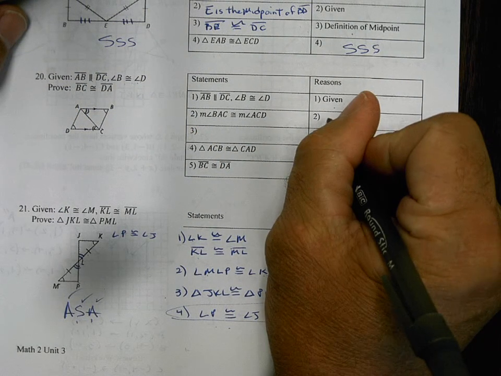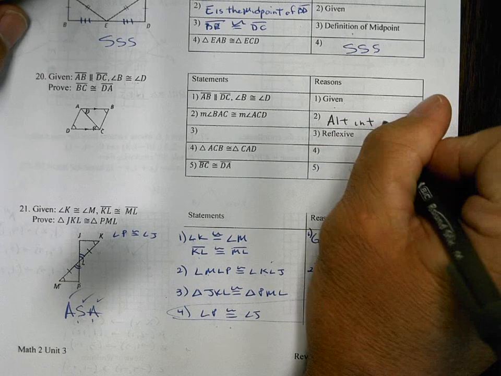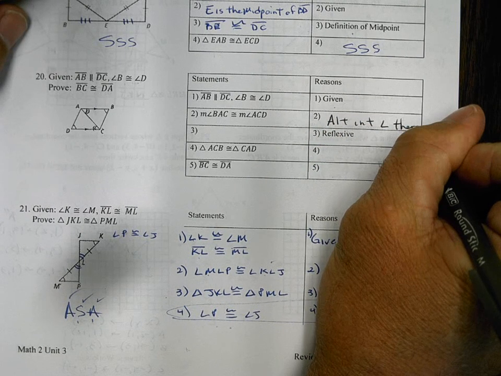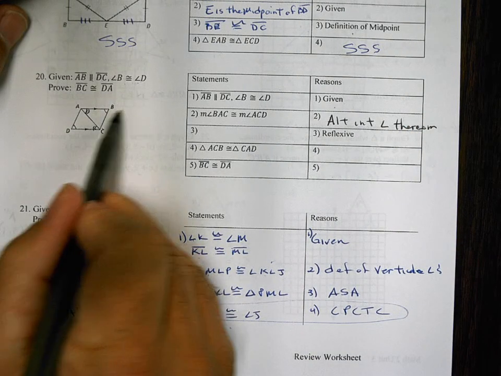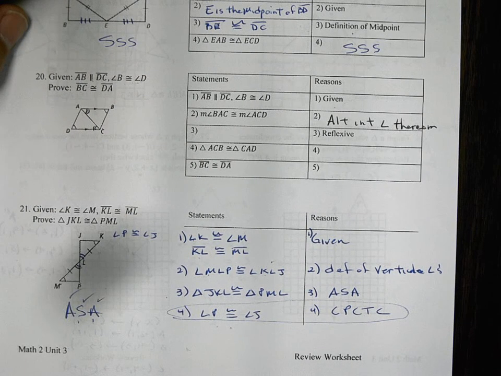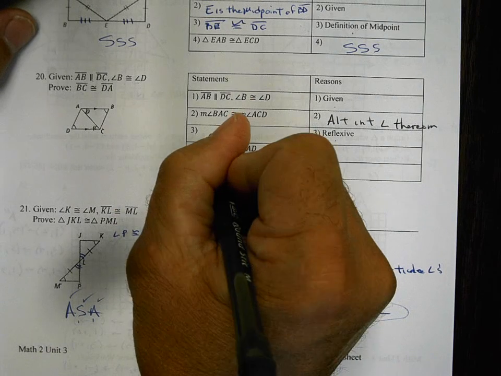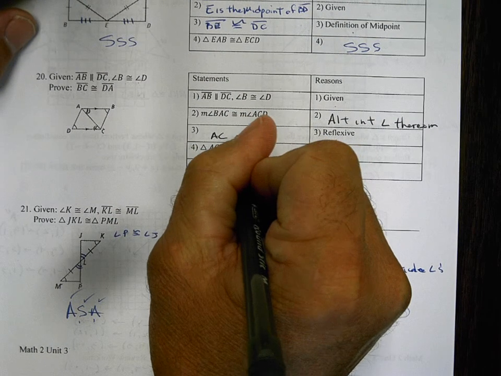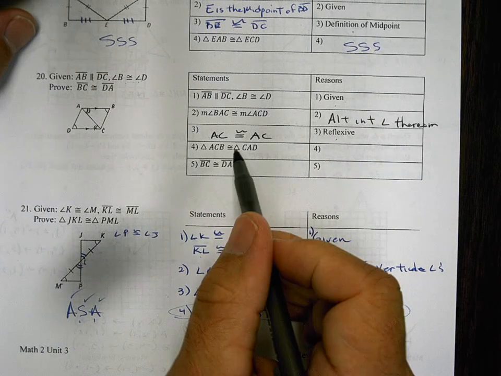Remember your parallel line theorems. Okay, that's the alternate interior angle theorem. When lines are parallel and cut by a transversal, alternate interior angles are congruent. All right, reflexive property, that should be a help. Line segment AC is congruent to line segment AC. They share that side.